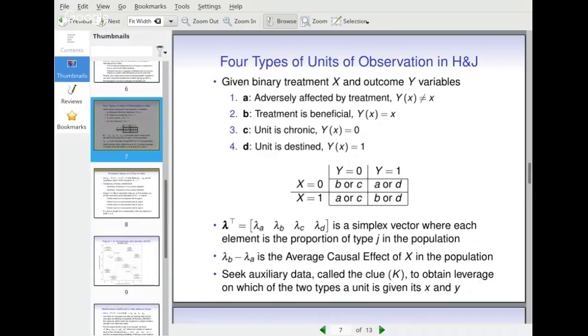Because our prior for lambda B minus lambda A is going to be centered on 0, because both lambda B and lambda A have the same prior expectation. But conditional on the data, we're going to be updating our beliefs, and now we may believe that this X does have an average causal effect.